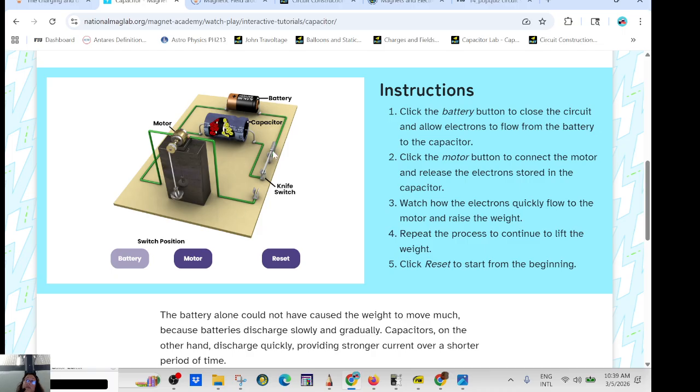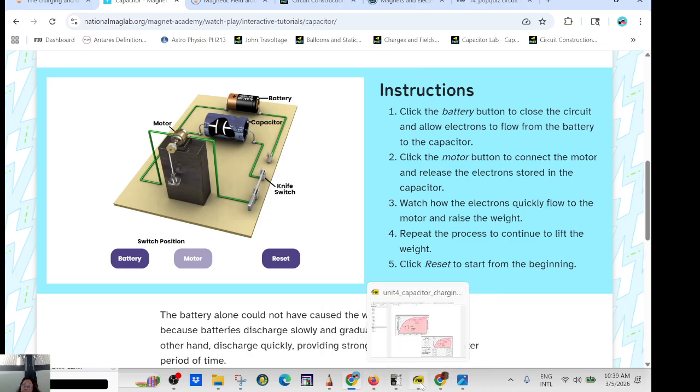When you discharge, I close the switch there. The current is going to be very large. See, the motor is going to work. And then little by little, the current is going to decrease. And now the capacitor is behaving like an open switch. Any question?